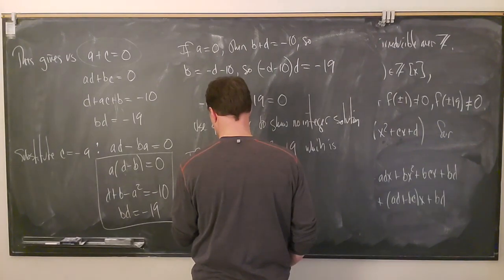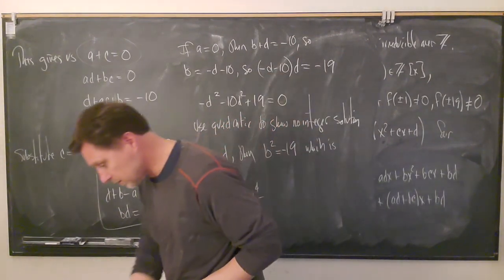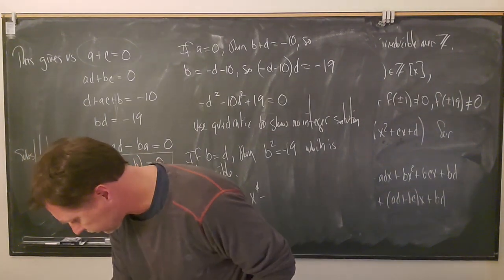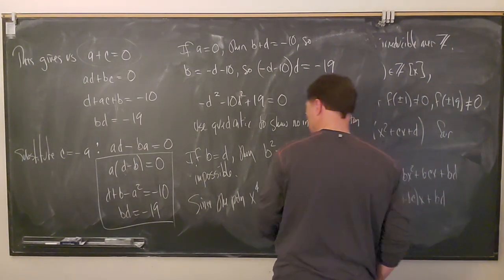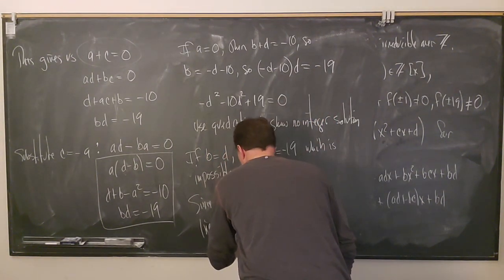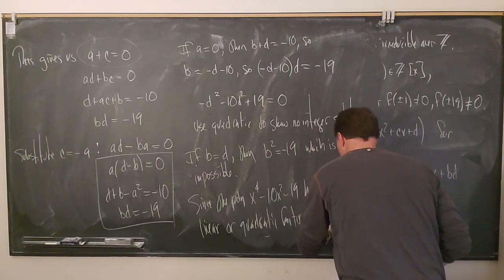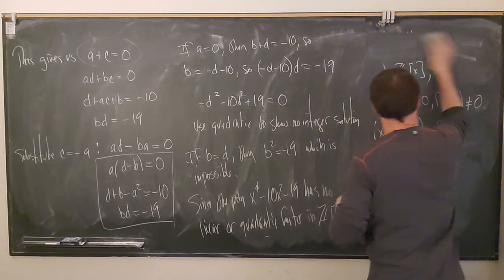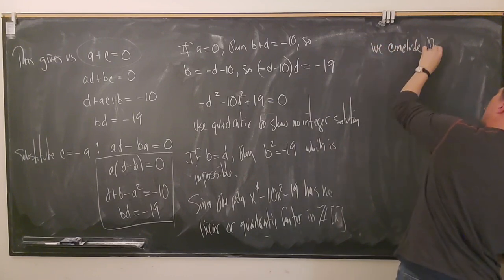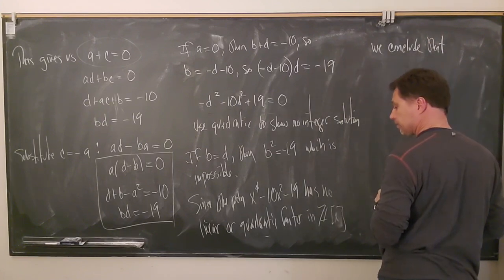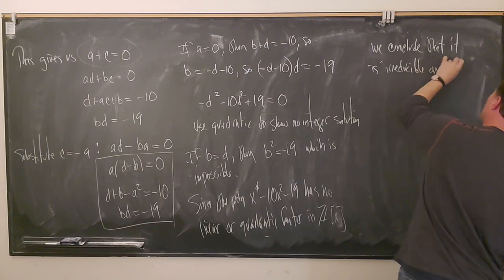So since the polynomial x to the fourth minus 10x squared minus 19 has no linear or quadratic factor in Z[x], we conclude that it is irreducible over Q.